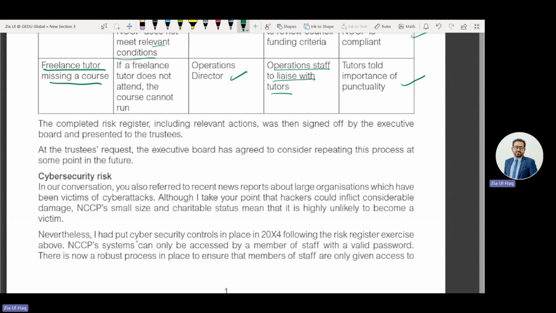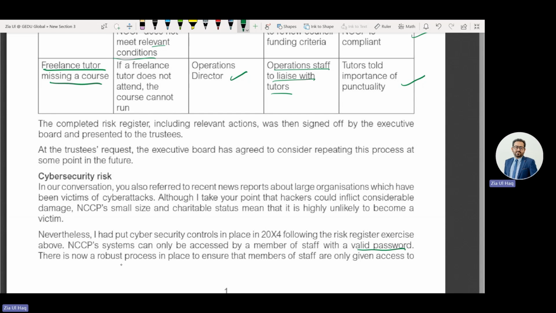Nevertheless, it had put cybersecurity controls in place in 20x4 following the risk register exercise above. The NCCP system can only be accessed by a member of staff with a valid password so that unauthorized access can be avoided.